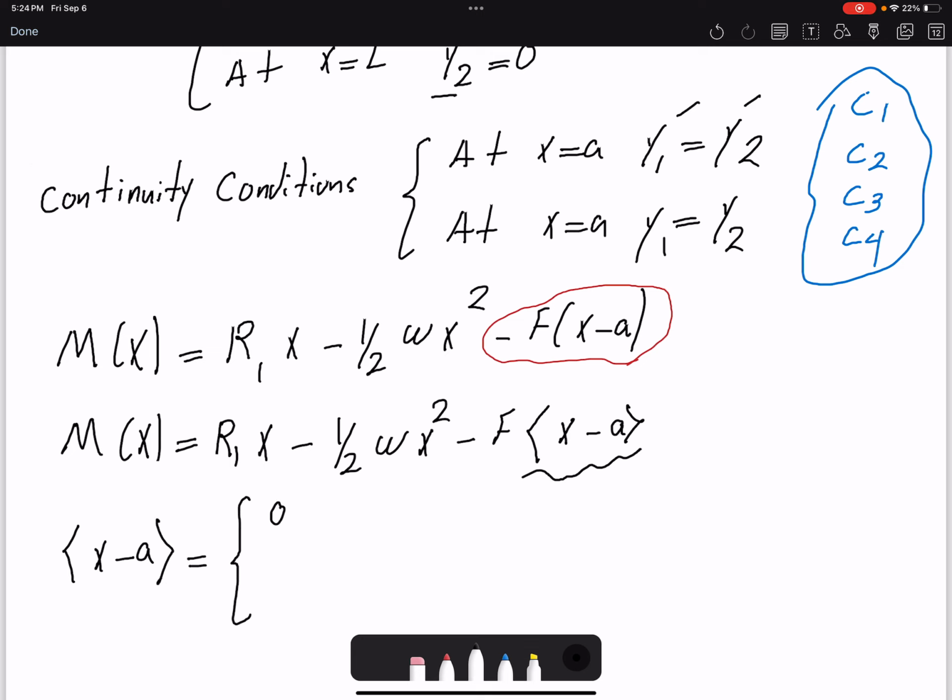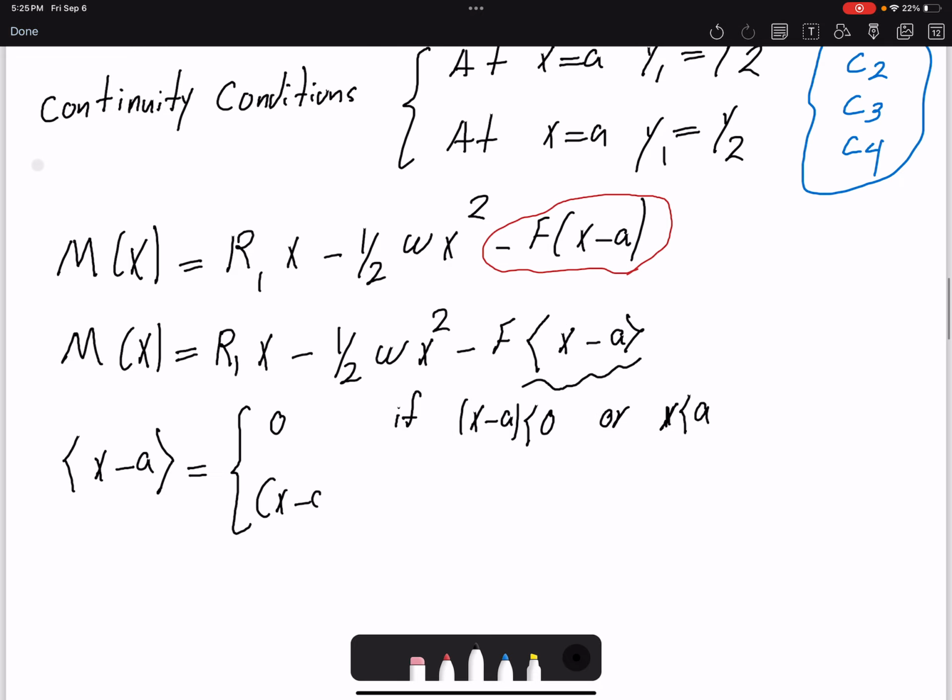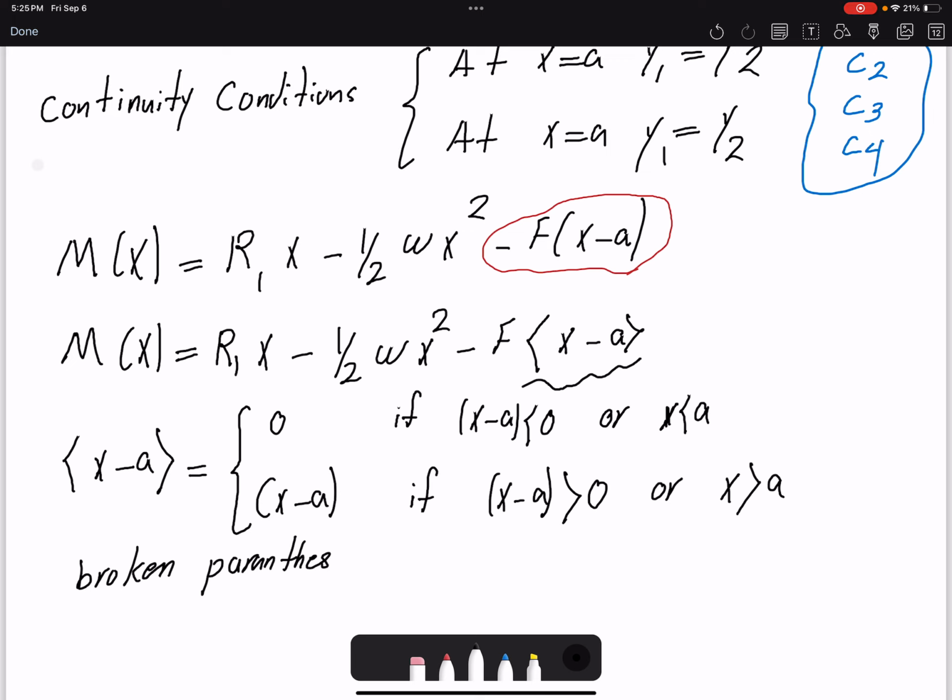It would be 0 if x minus a becomes negative, or in other words, if x is less than a, if you are in the first segment. And it becomes a normal parenthesis when x minus a is bigger than 0, or x is bigger than a. We call this broken parenthesis, Macaulay bracket.